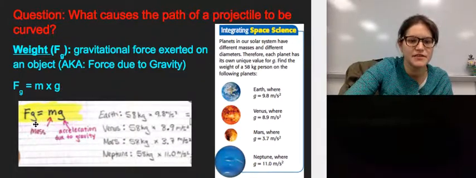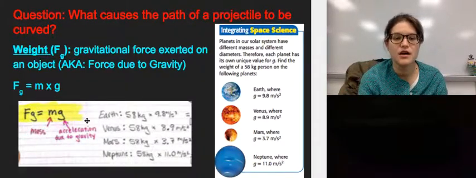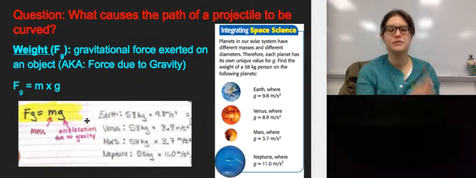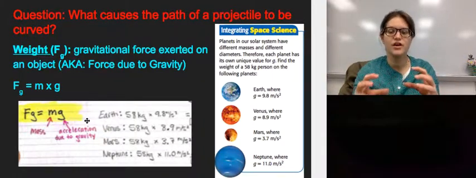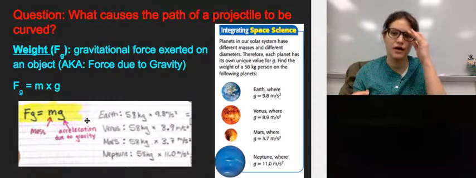This is a specific type of force, Fg, and it's going to use a specific acceleration, which is known as g, the acceleration due to gravity. Now this is a constant that's different on every planet or every moon or whatever surface your object is on.